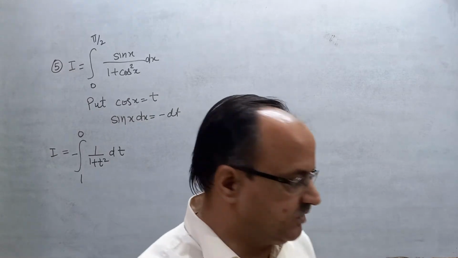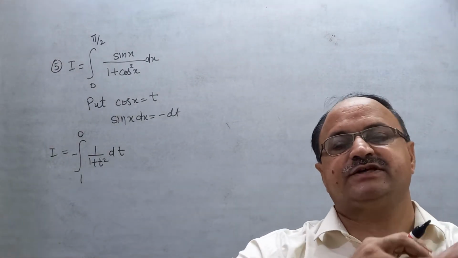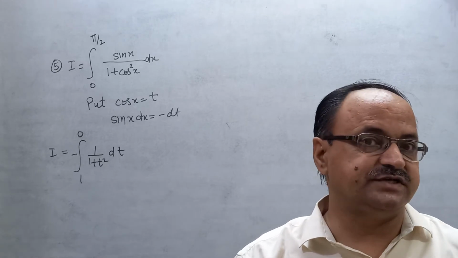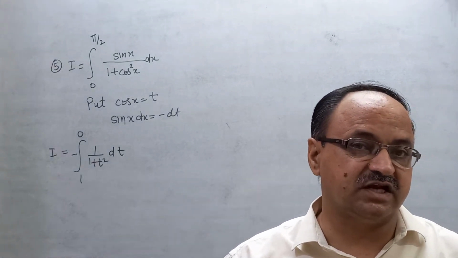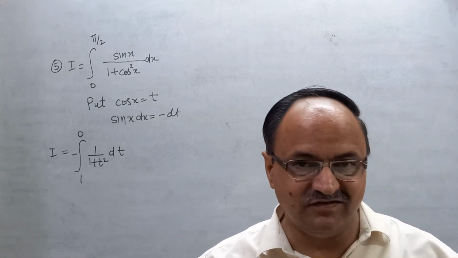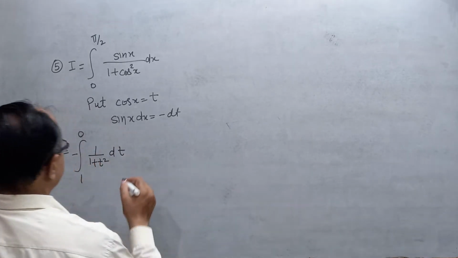Now can you tell me the integration of 1 upon 1 plus x square? Can you tell me the function whose derivative is 1 upon 1 plus x square? Very simple. Practice makes the man perfect.